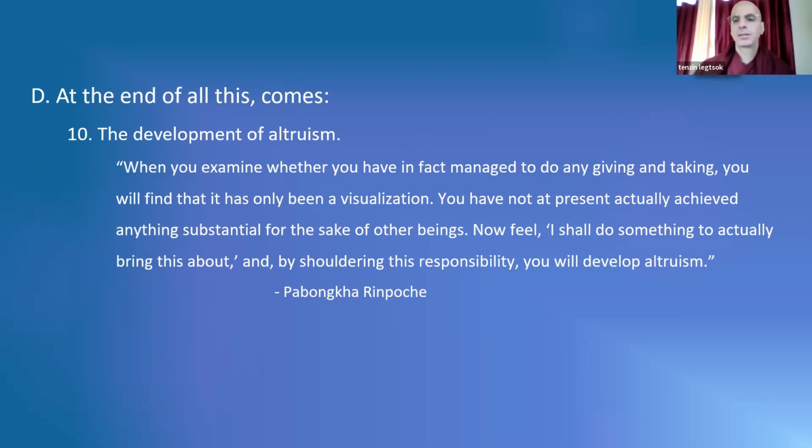So next is the 10th step of 11, the development of altruism. This means the special attitude where we think, I must take personal responsibility to free all sentient beings from suffering and lead them to full enlightenment. Here Pabongka Rinpoche says in his commentary, having done this Tonglen, giving and taking, like we have just now, when you examine whether you have in fact managed to do any giving and taking, like taking on the suffering of others and giving them actual happiness, you will find that it has only been a visualization.